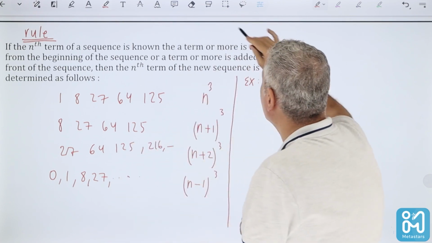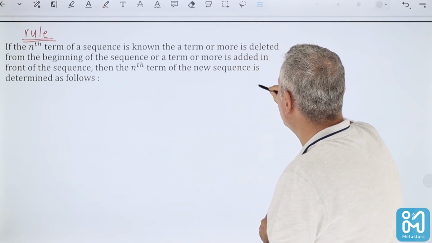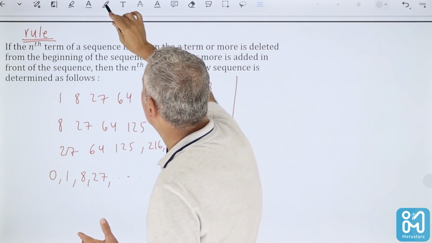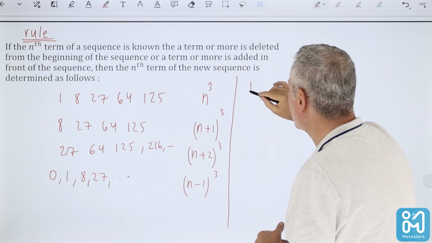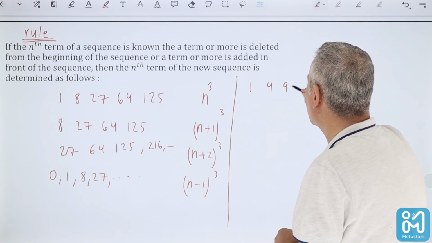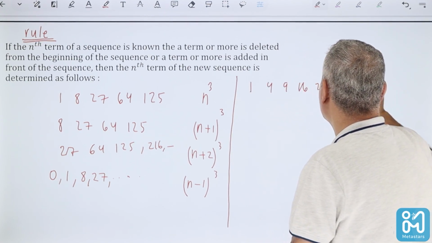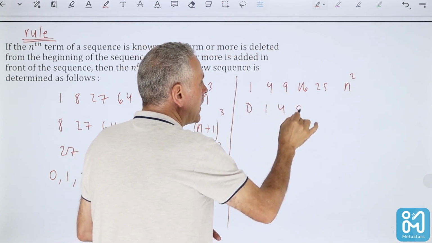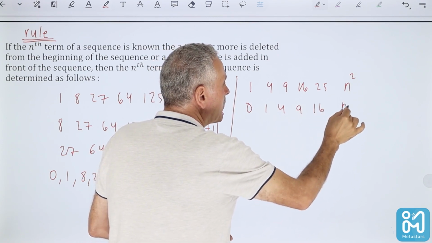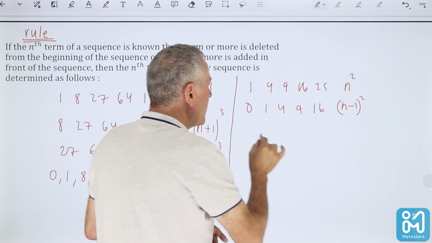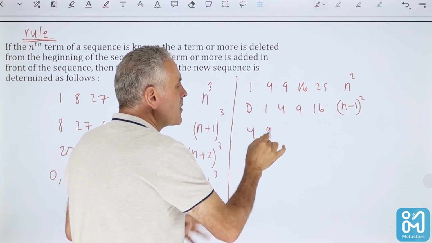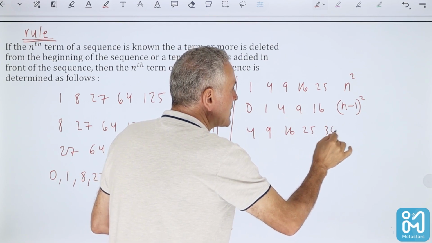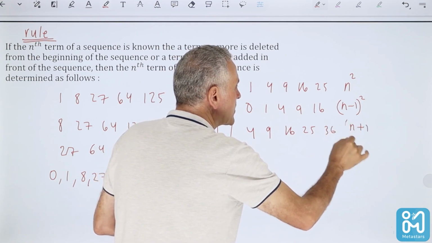But before that, let me just give you, because these are very frequently given in the questions, in the externals, the square numbers also. So if you have 1, 4, 9, 16, 25, that is n squared. But if you have 0, 1, 4, 9, 16, then you'll have n minus 1 squared. And if you have the square numbers starting from 4 instead of 1: 4, 9, 16, 25, 36, that is n plus 1 squared.